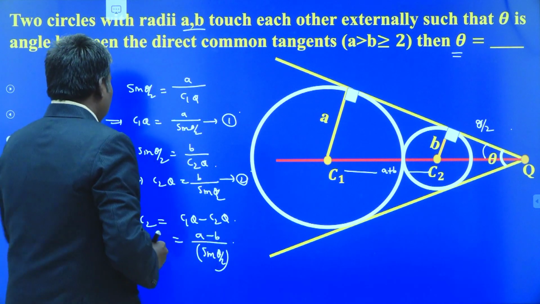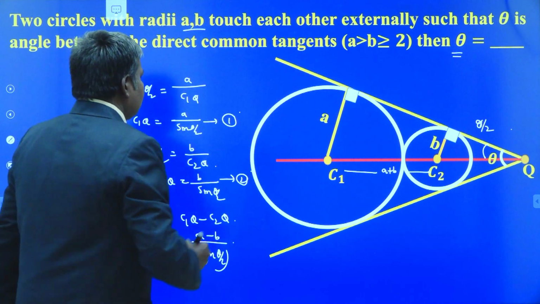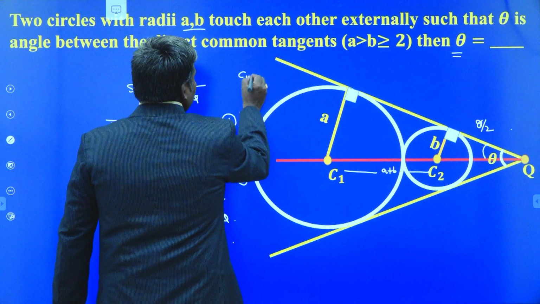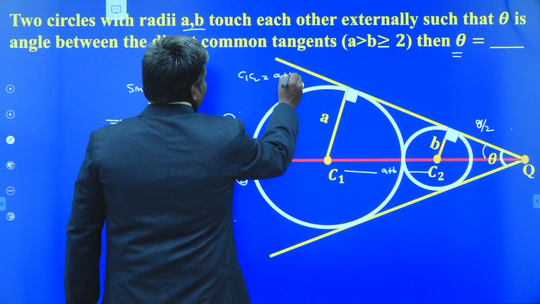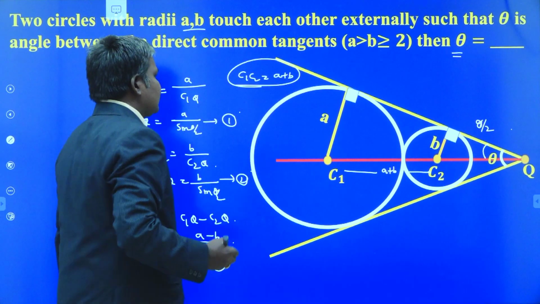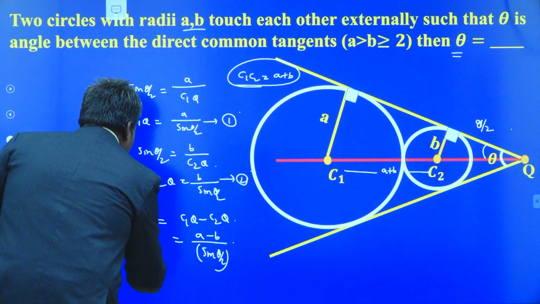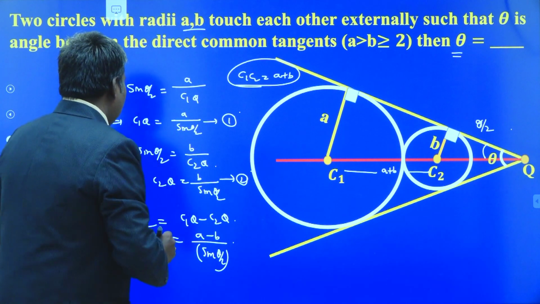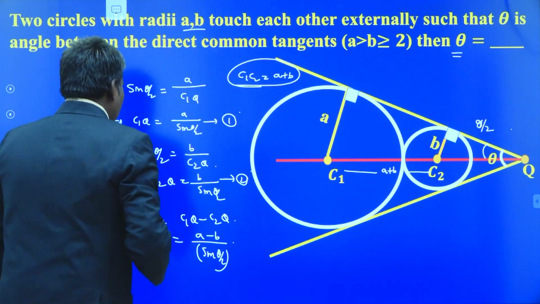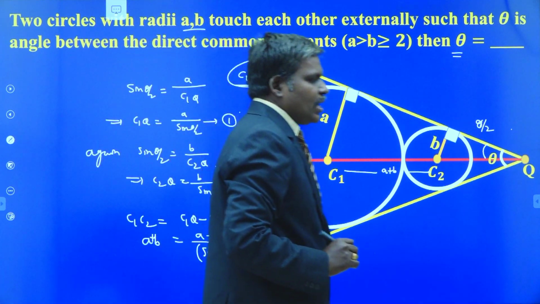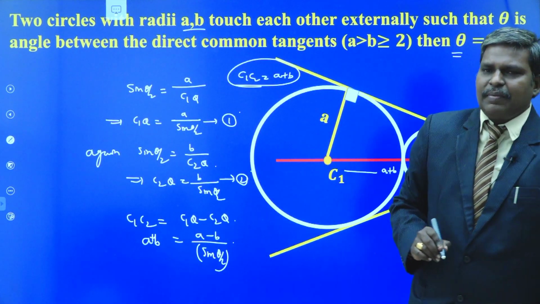Am I correct or not? But what is your C1, C2? C1, C2 is nothing but A plus B, the distance between the two centers. So, I write instead of C1, C2, A plus B. A plus B is equal to A minus B by sin theta by 2.